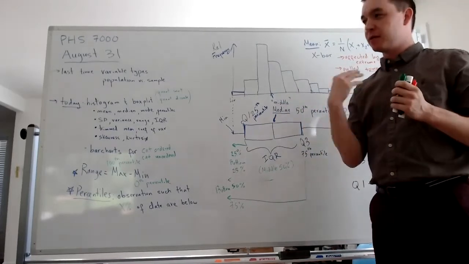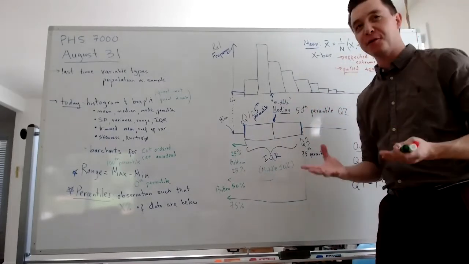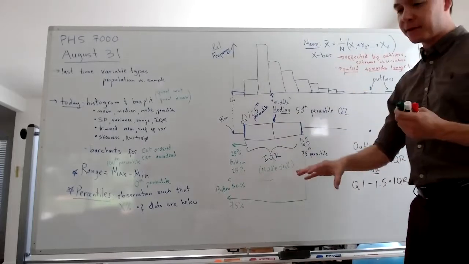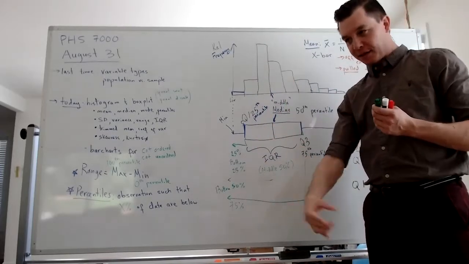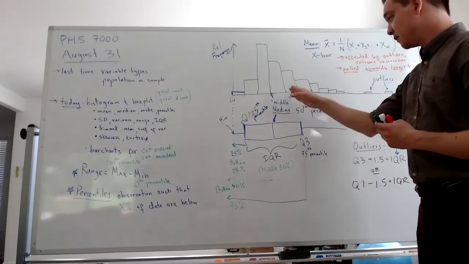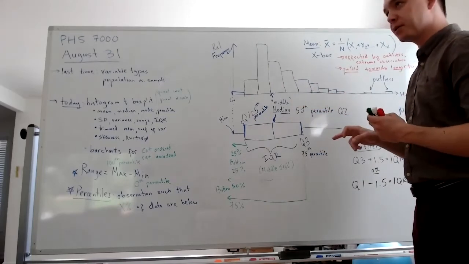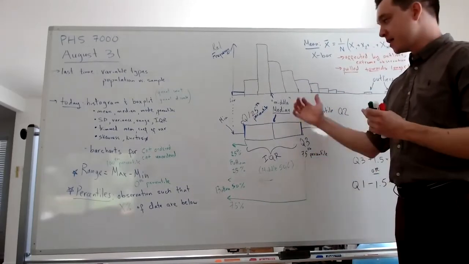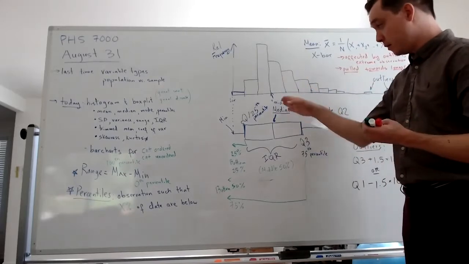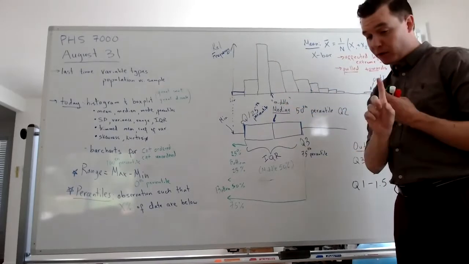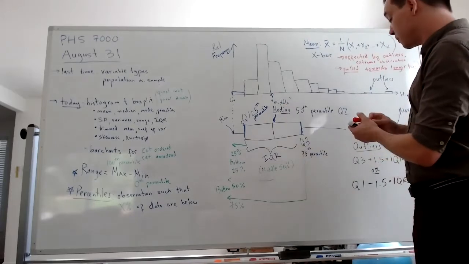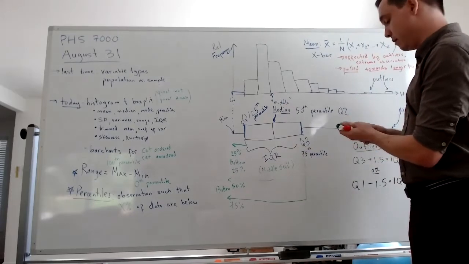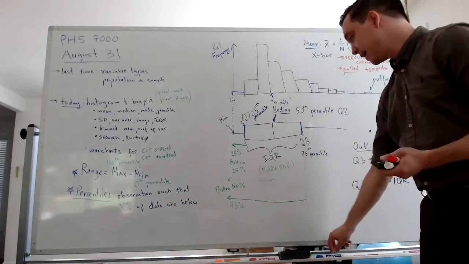And I'm specifically trying to avoid the word average value. We want the average to indicate a center of the data. But in the presence of these extreme observations and or outliers, it's going to be pulled away from the middle where the median lives. The median will always live in the middle, but the average will be pulled. So let me draw my average.